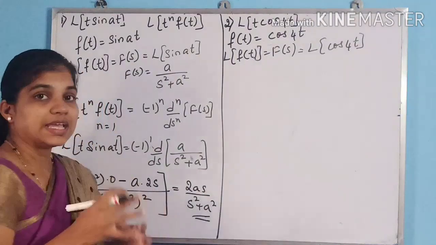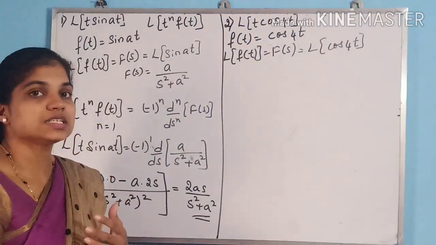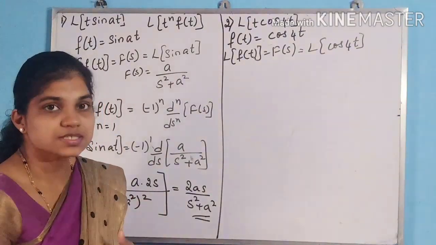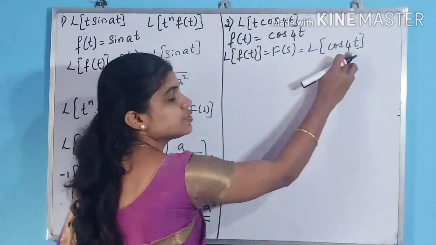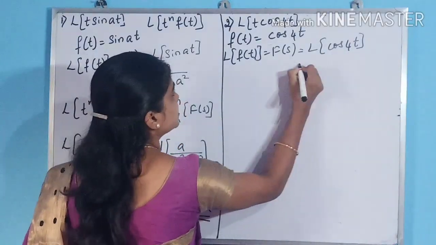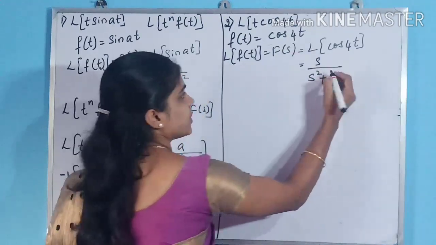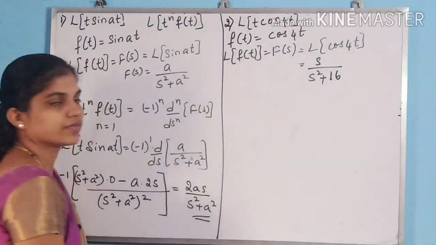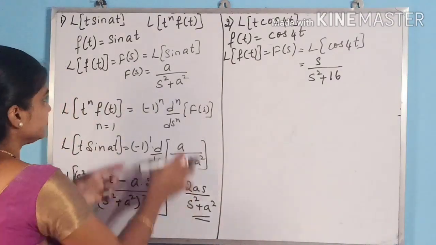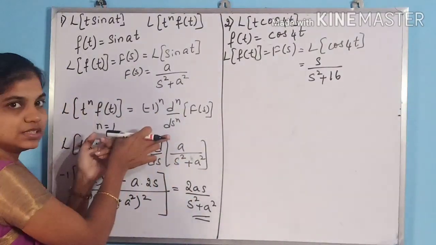Laplace transform of cos at is s upon s square plus a square. So here a is 4. So this is equal to s upon s square plus 4 square, that is 16. Right? Now the next step is to apply the formula.